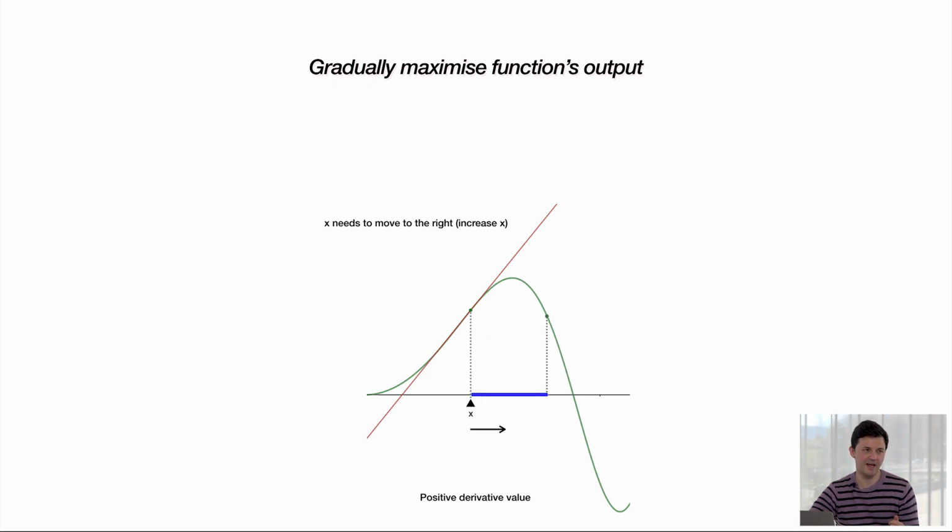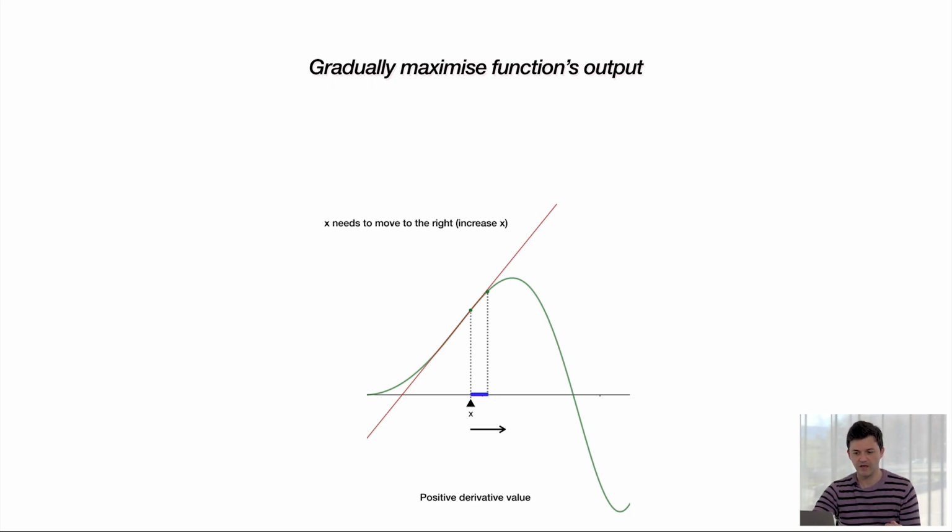If we take a large value to increase x, we might end up at a point in which we would actually minimize the function, not maximize it. So it is a much better idea to move x by a small value, because this will, in most cases, guarantee that we will actually end up maximizing the function and not minimizing it, if that's what we want to do.